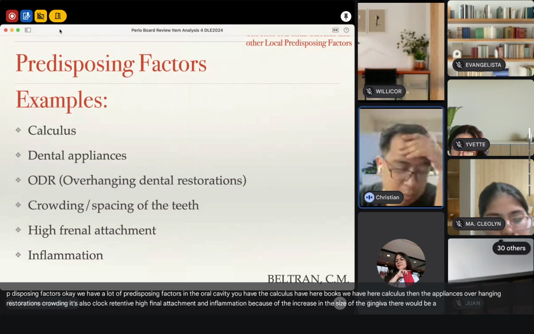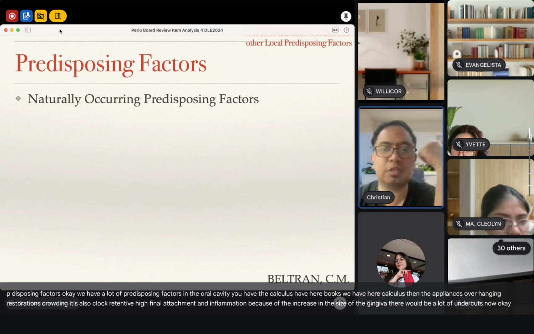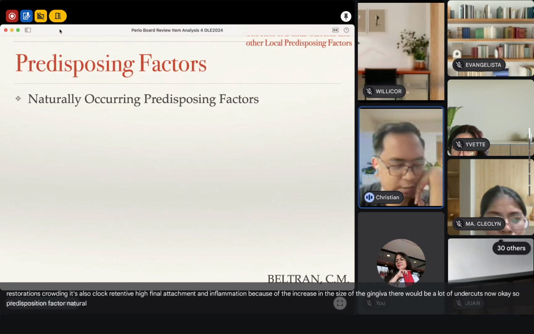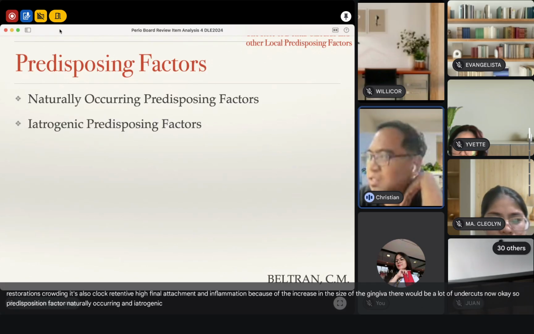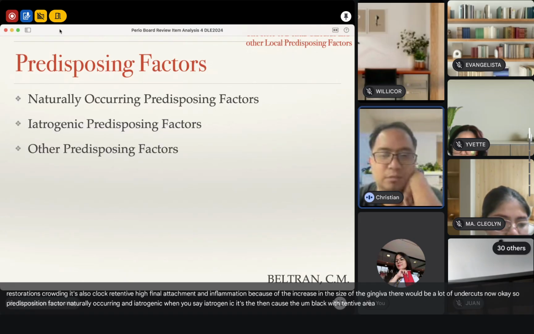There would be a lot of undercuts now. Okay. So predisposing factors are naturally occurring and iatrogenic. When you say iatrogenic, it's the dentist that causes the plaque retentive area. Okay.